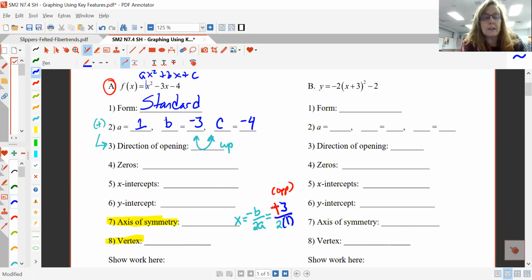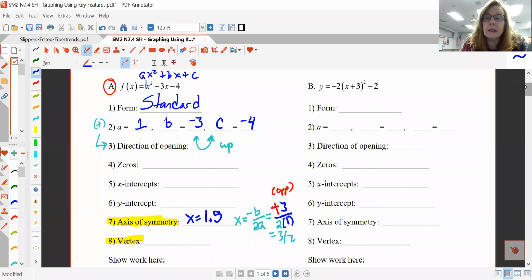Generally for input, if it's not already in a set of parentheses, you should put parentheses around it, okay? So what I get here is 3 over 2. So this equals 3 over 2. So my axis of symmetry, I'm going to write it as 1.5. Okay, so that's the x-axis of symmetry.